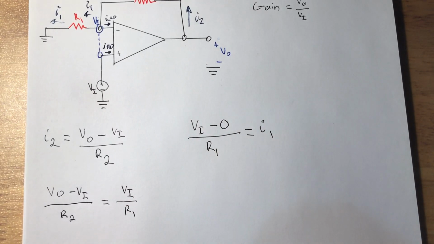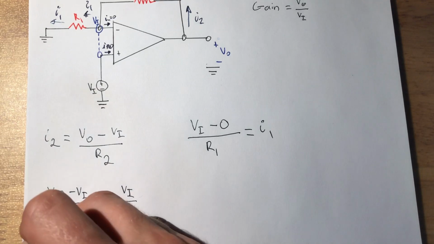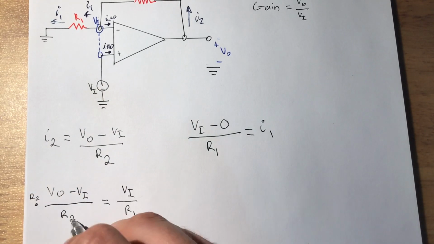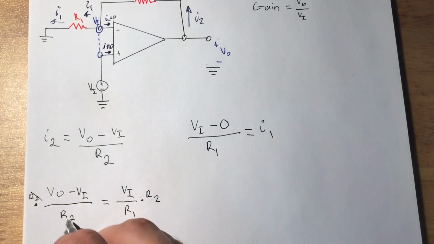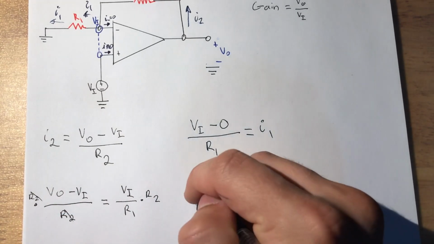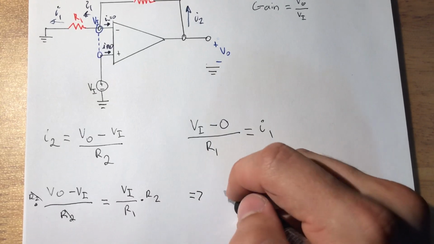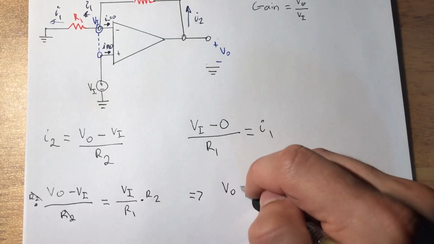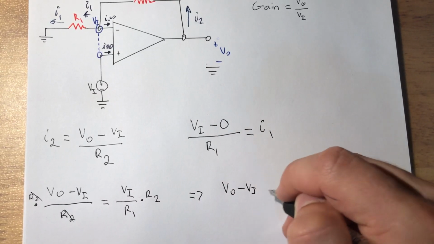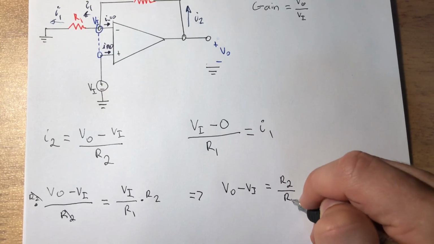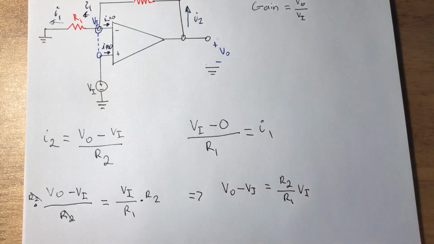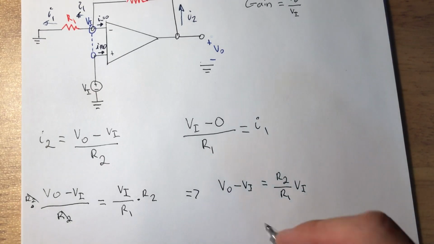Okay. Now here we can use algebra to multiply R2 on both sides. And now we get a pretty nice equation that says VO minus VI is equal to R2 over R1 times VI.